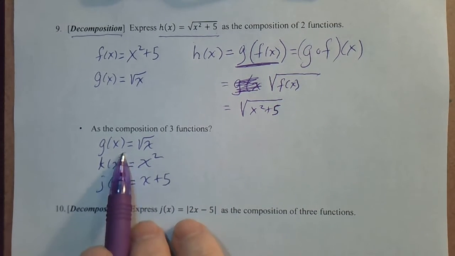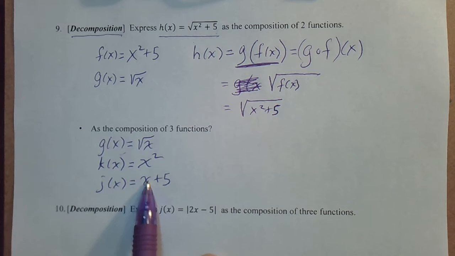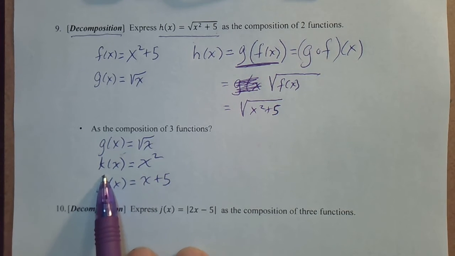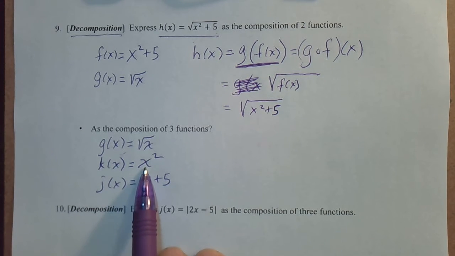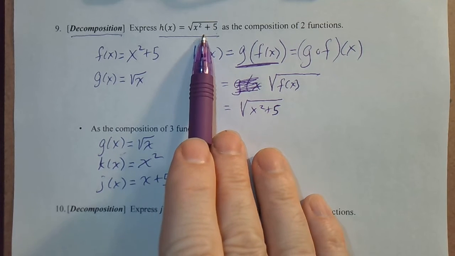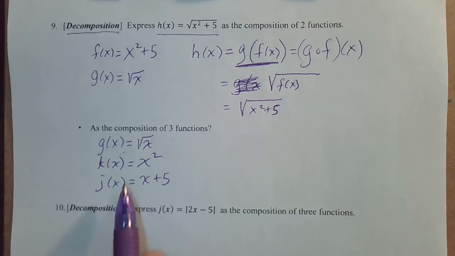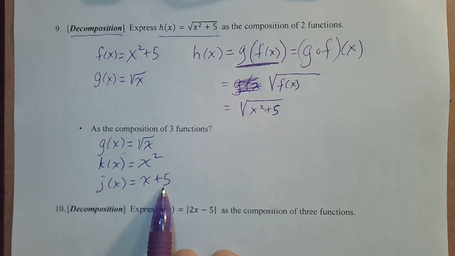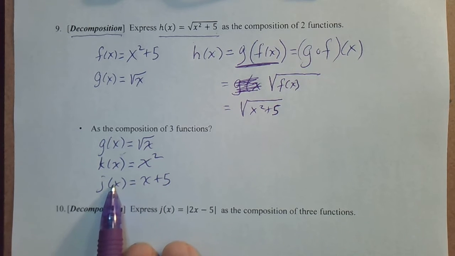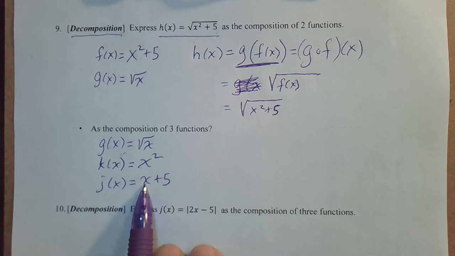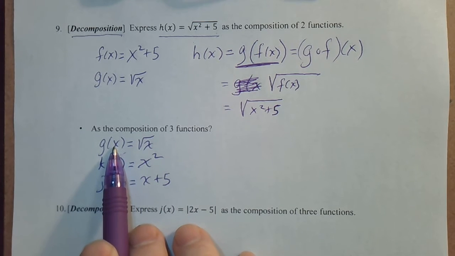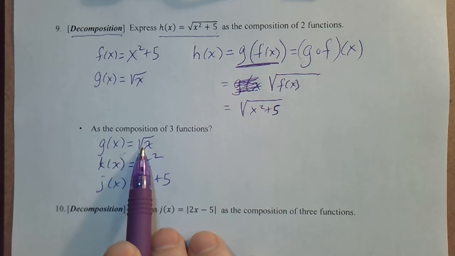So now I have a function, I'll go backwards, that, actually I'll start in the middle. I have a function that squares something, so if I plug in x, it'll become x squared. I have a function that adds 5 to something, so if I plugged in x squared here, I would get x squared plus 5. And then I have a function that whatever you plug in, it'll put a radical over it.